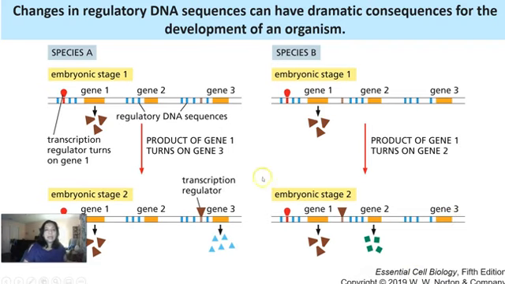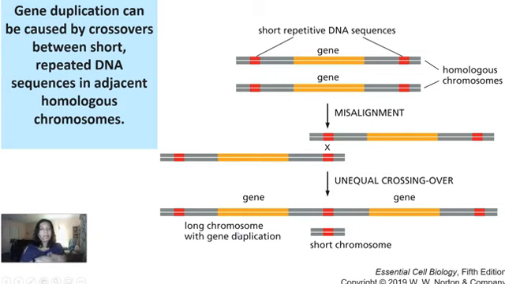But in this case, in species B, the same gene 1 product is now binding to its own regulatory sequence, just like it did before, but that regulatory sequence happens to be activating gene 2 instead of gene 3, leading to a completely different product and thus a completely different organism in that case.